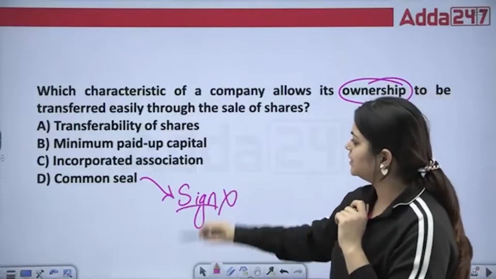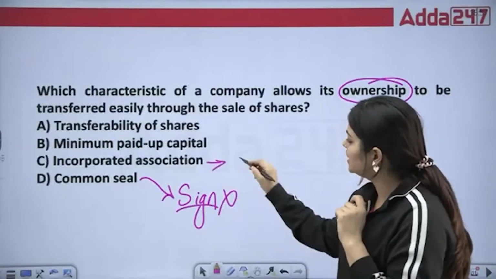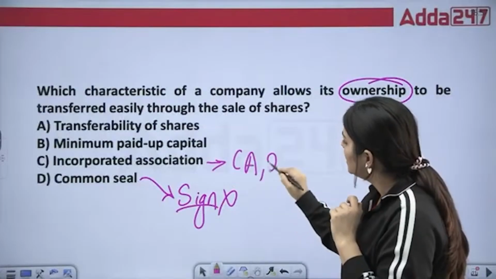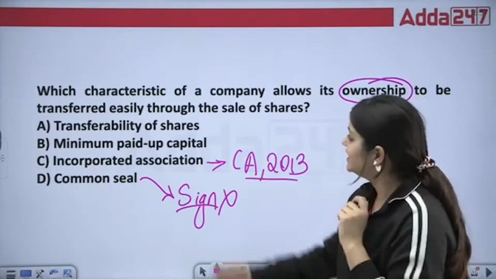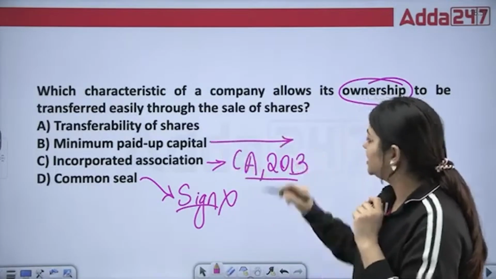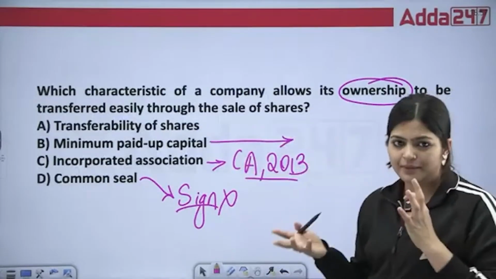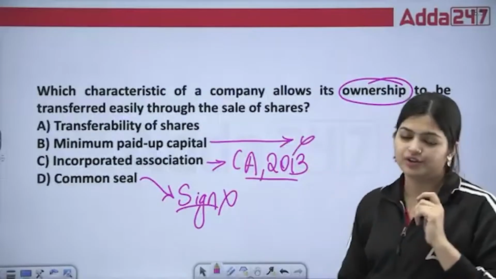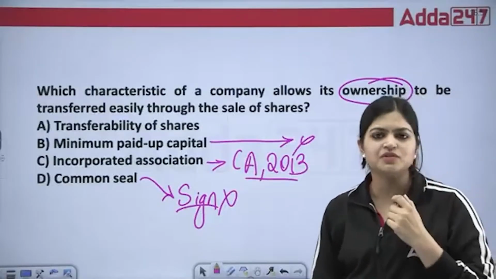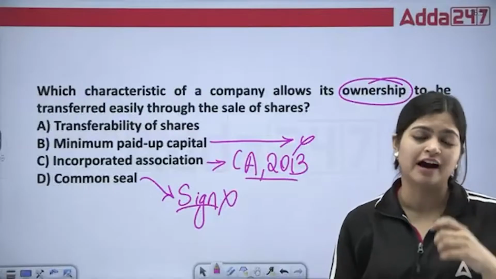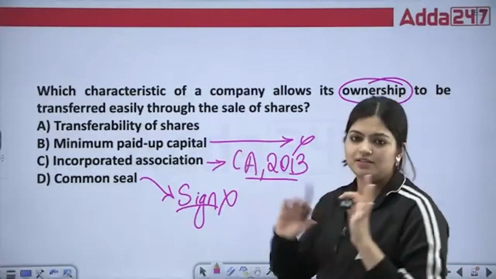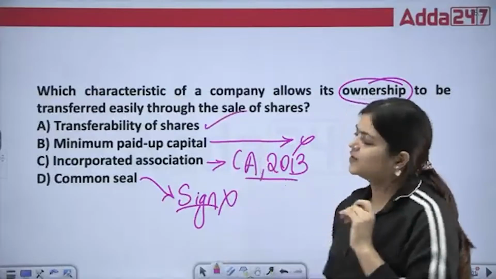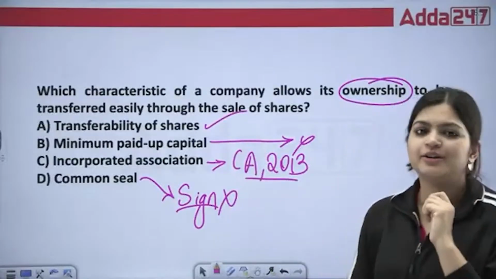This is not your answer. Incorporated association means you need to take registration under the 2013 Act. This is also not your answer. If we talk about minimum paid up capital, there is no requirement now. So this is also not your answer. Transferability of shares is your answer.